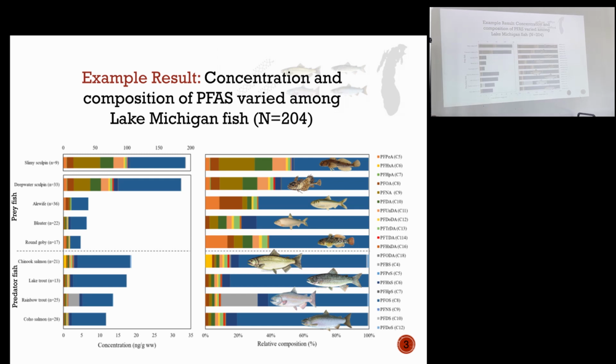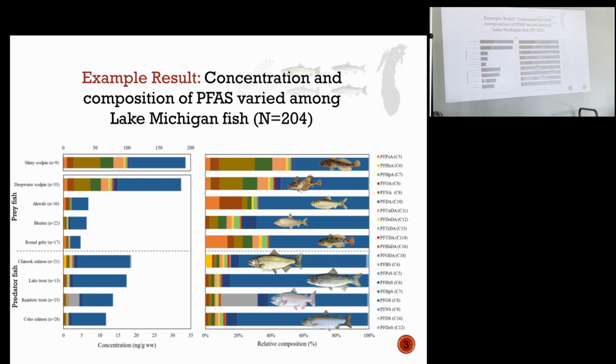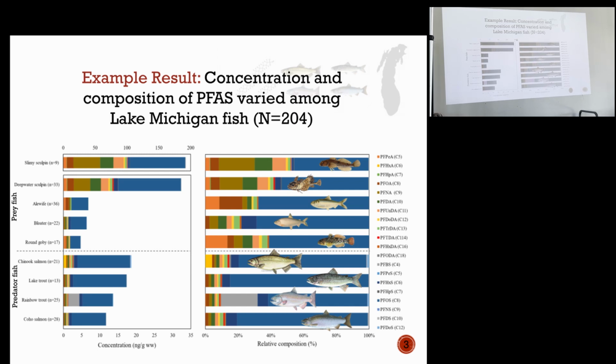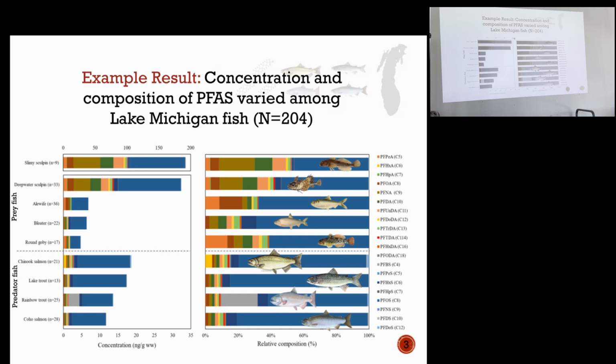You can see that in the right figure, you had to put them in a different box because they accumulated at least 10 times more PFAS than top predators like Chinook salmon and lake trout. This is incredible, and it is mostly related to their diet.